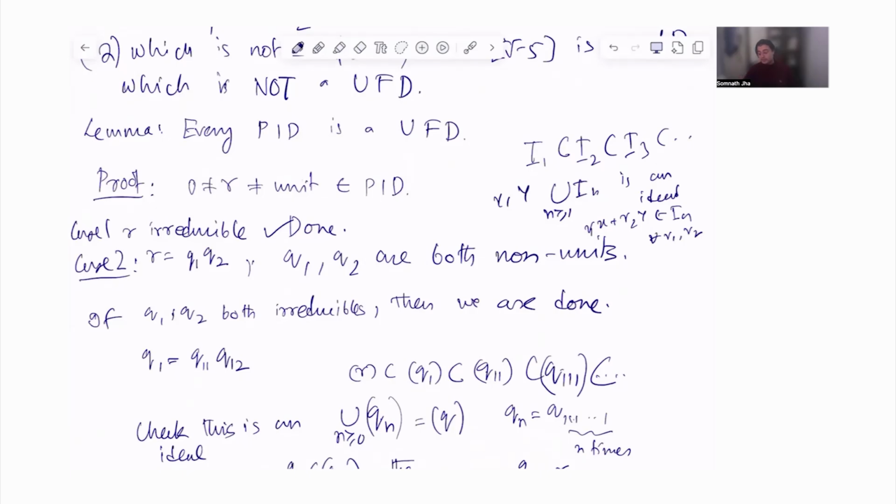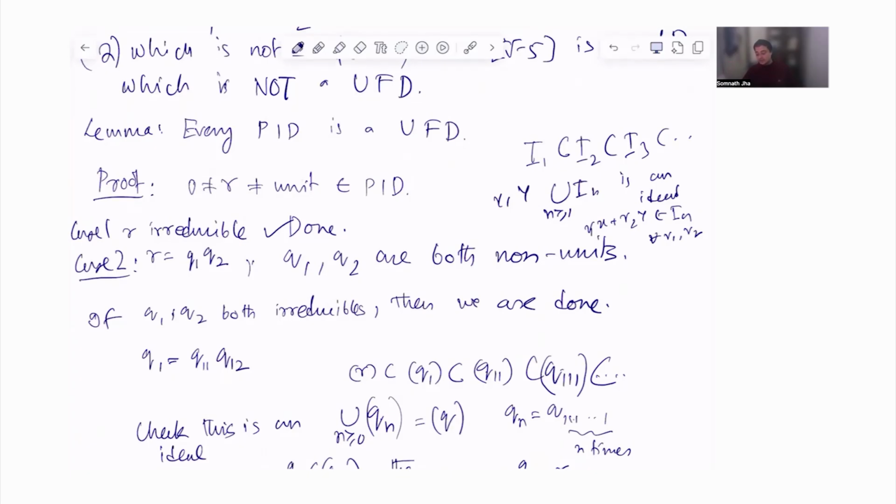We show this because suppose x and y belong to the union of the In. Then x belongs to, let's say, I100, and y belongs to I200, and you take the maximum index, then x plus y belongs there. Similarly, you pick any R, then R1x belongs to Im, let's say, and R2y belongs to In.